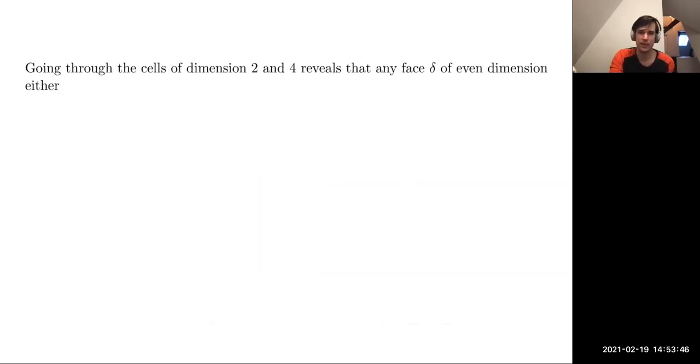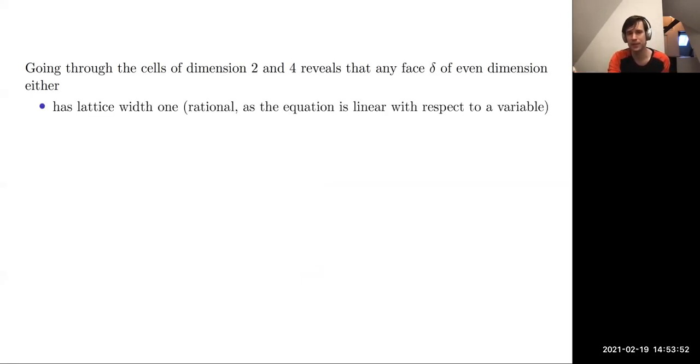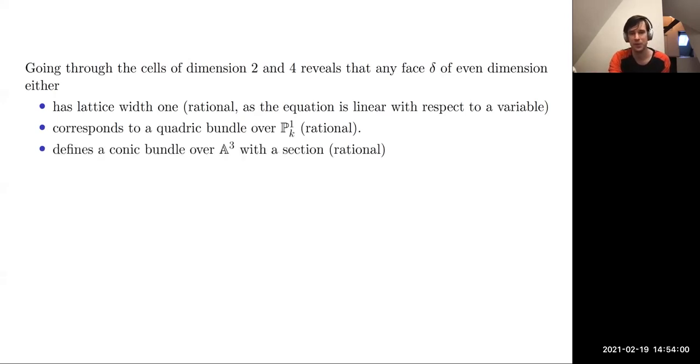And so basically what we have to do is to go through all of the other phases, and we have to check that they correspond to rational hypersurfaces. This is a finite computation, and we just do that.